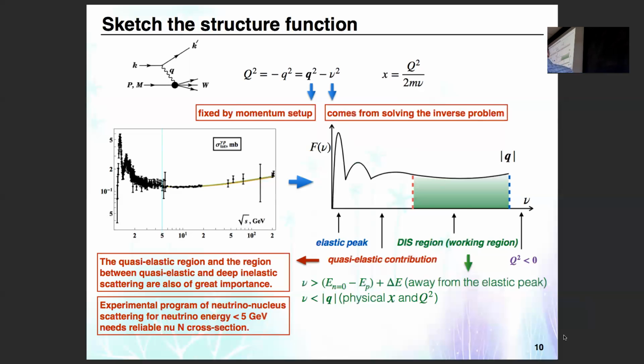For this green part, we need the energy transfer to be several GeV larger than the elastic peak, and we need nu to be smaller than the 3-momentum transfer Q, so we can have physical x and Q squared.